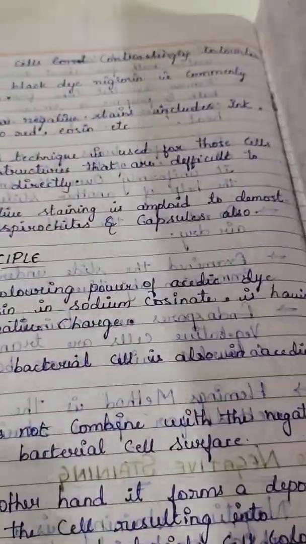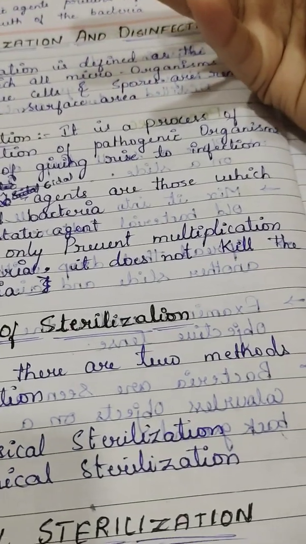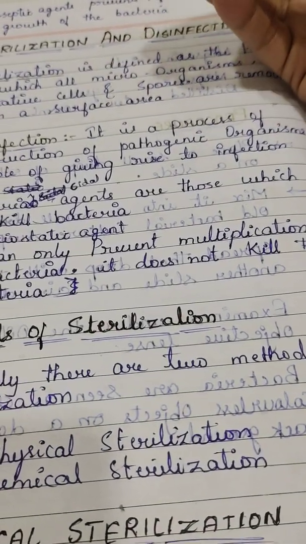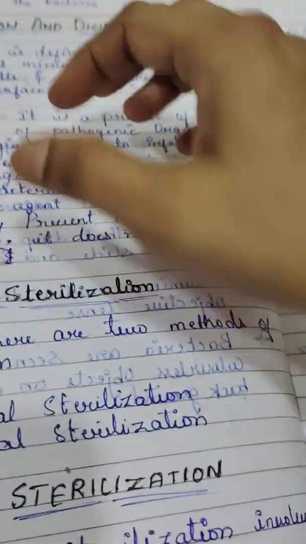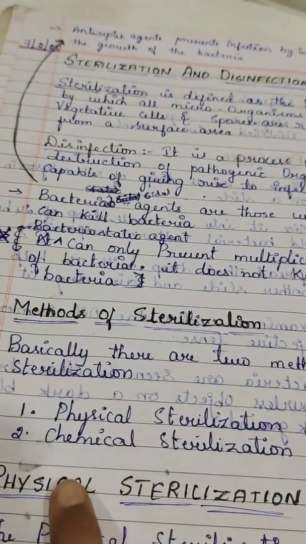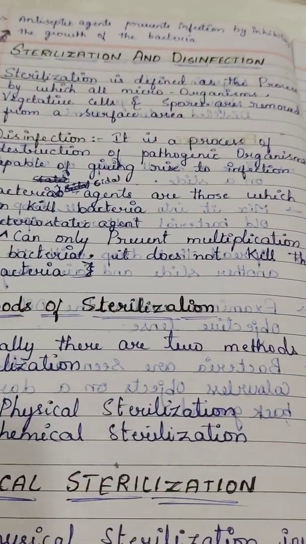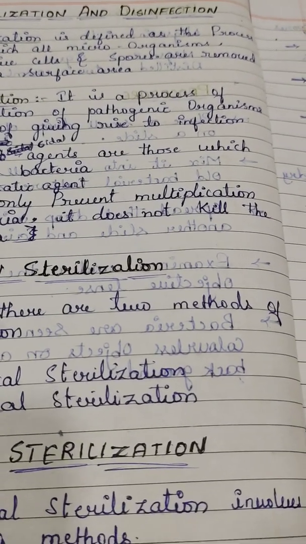Physical sterilization means providing heat, or high temperature, or using an autoclave, or different methods. Those all come under physical sterilization. And chemical sterilization means sterilization which occurs by treating with chemical agents.